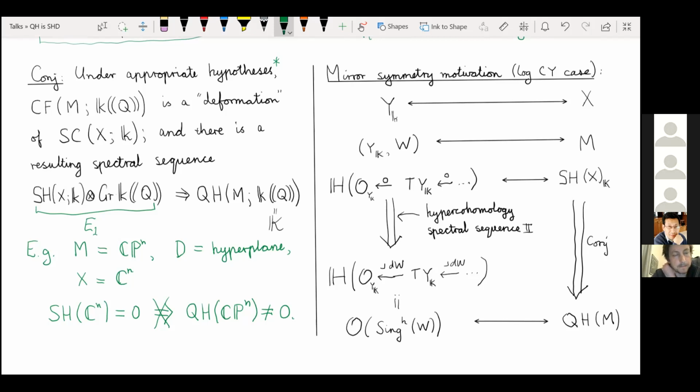Is there any geometric meaning of the Maurer-Cartan element?